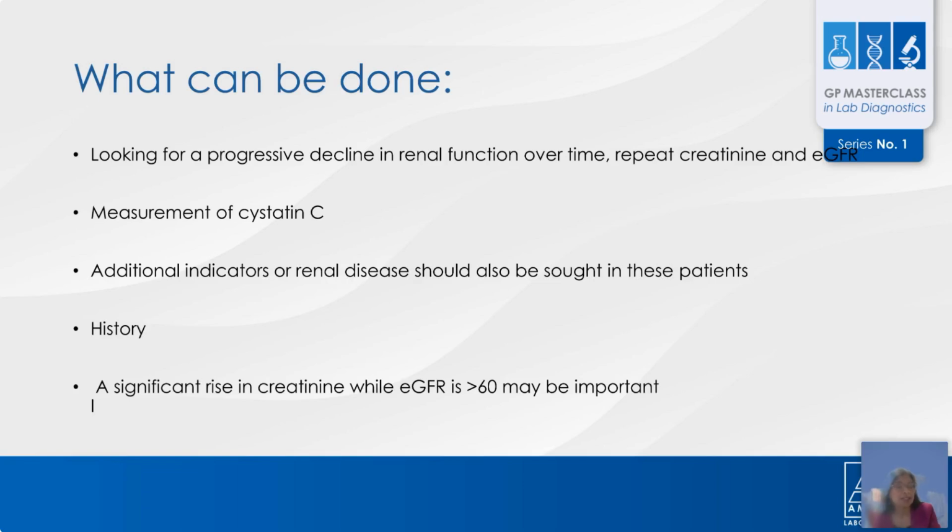Note that a significant rise in creatinine while an eGFR is more than 60 can still be very important. So when we are looking at our urine and we're looking at our creatinine and our eGFR, we need to look at them together and we need to monitor trends.